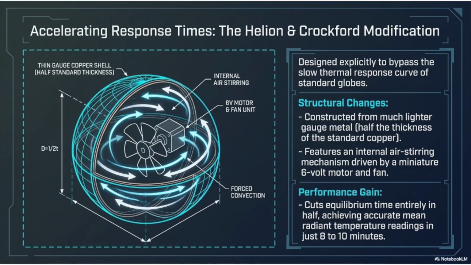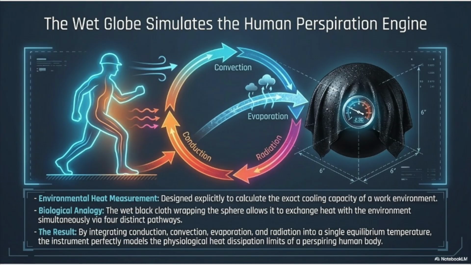Taking this concept further, the wet globe was developed to simulate the human perspiration engine. This instrument is designed explicitly to calculate the exact cooling capacity of a work environment.